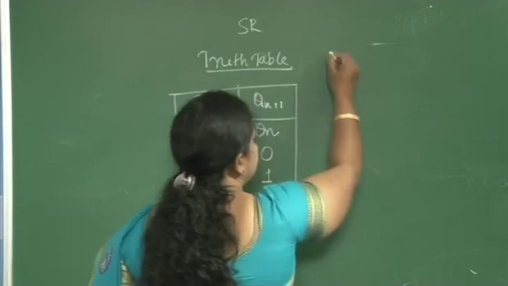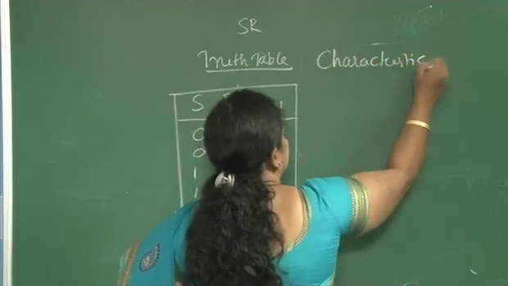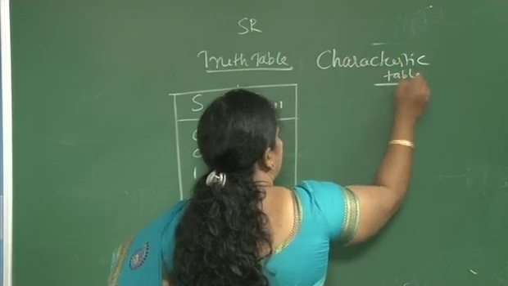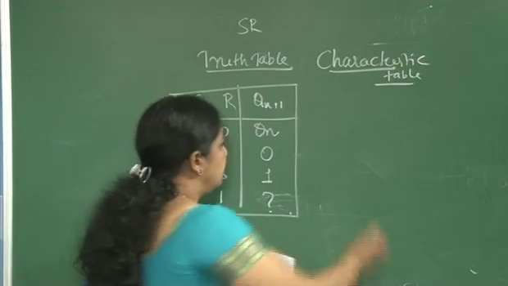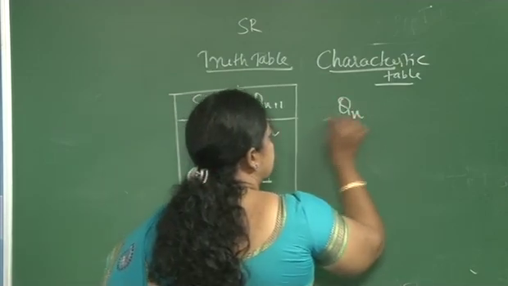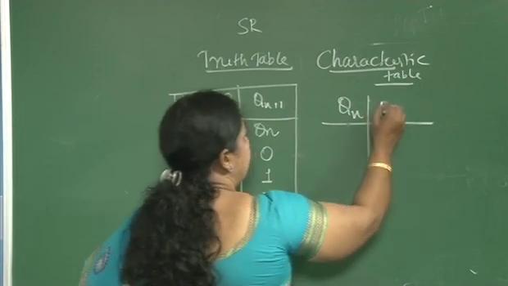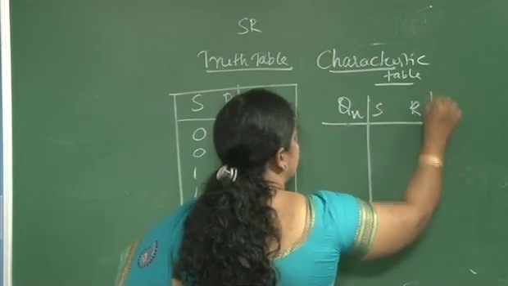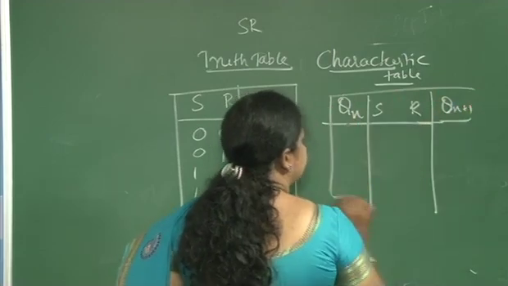Now I am going to write the characteristic table for this. What is a characteristic table? In the characteristic table I consider the present state and the inputs, and then I consider what should be my next state.